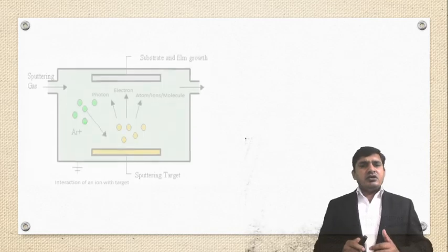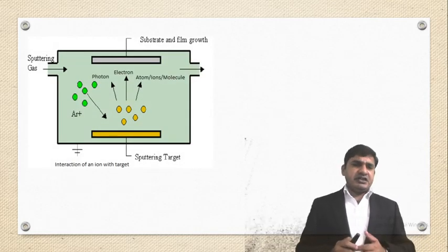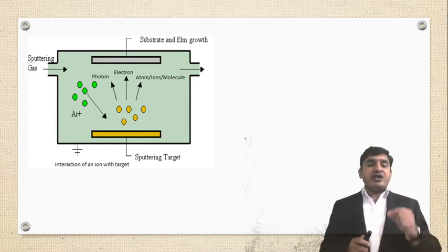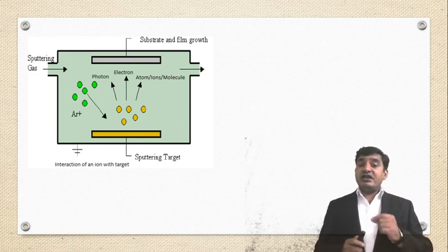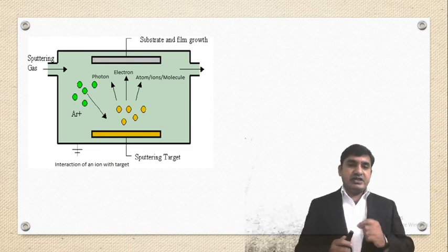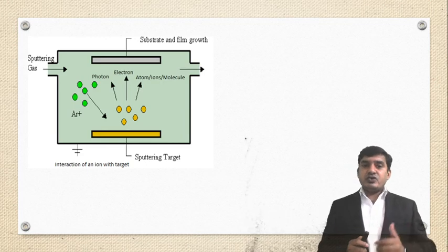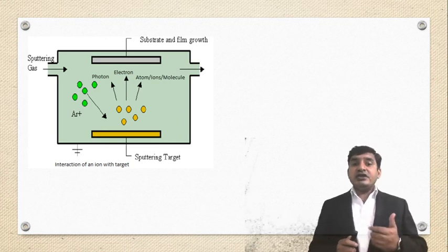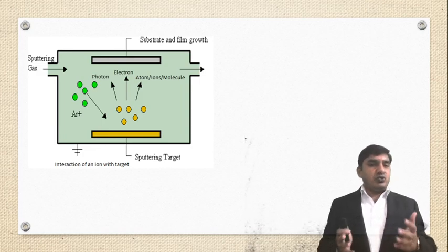Now this is the diagram which shows the sputtering technique. Here, argon gas, which is an inert gas, is incident on a sputtering target, or target material, so that photons, electrons, atoms, ions, molecules, or simply plasma is produced.